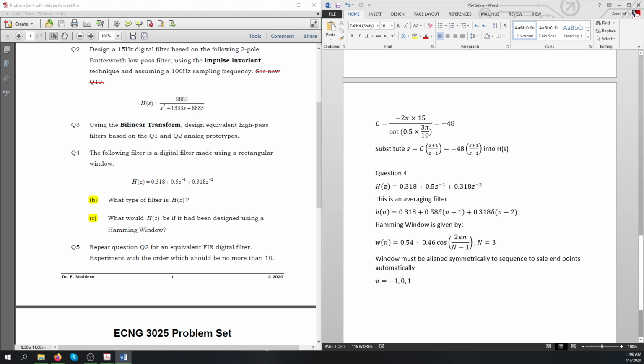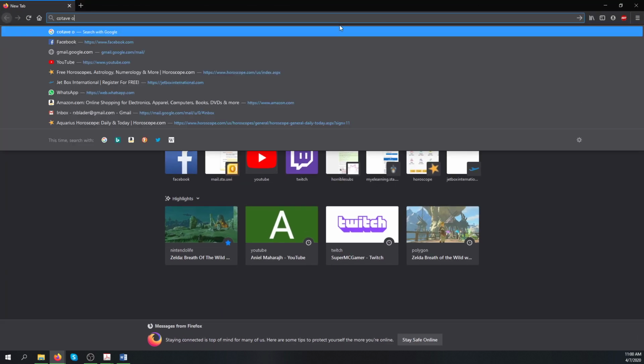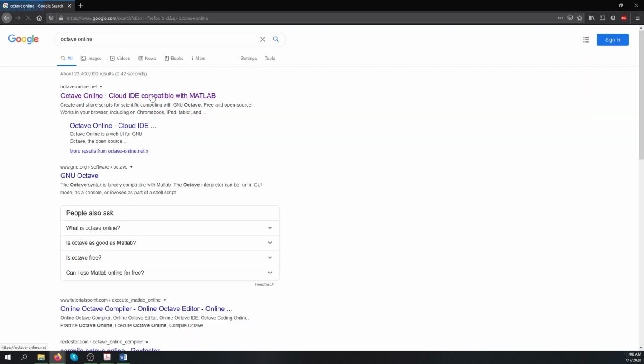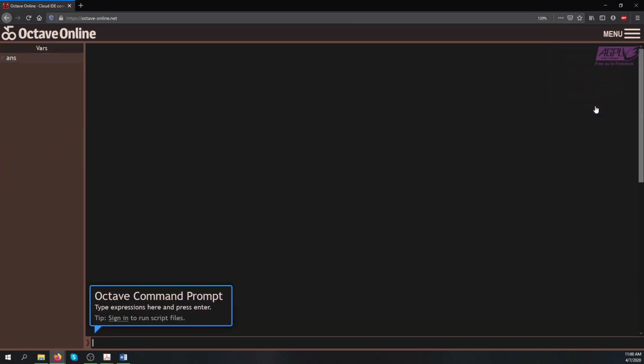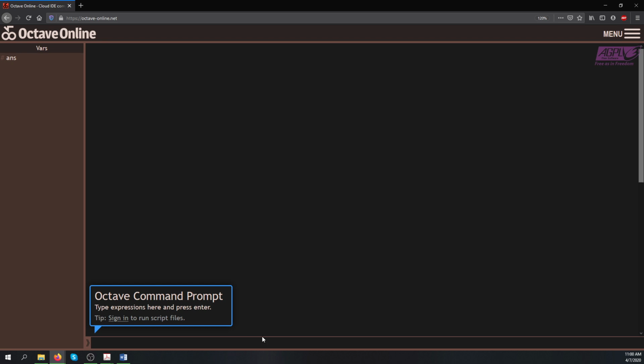Right, so let me open a new window here. I'll have to use Octave here for a little bit. Alright, so we need to define our n here, so n is from -1 to +1.